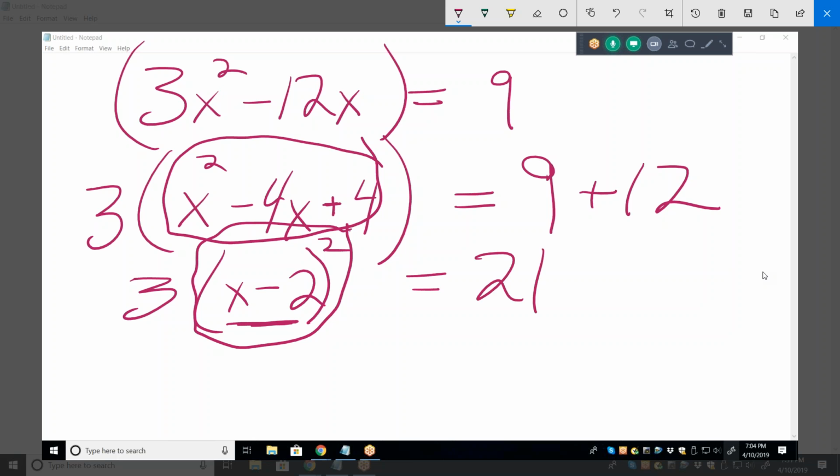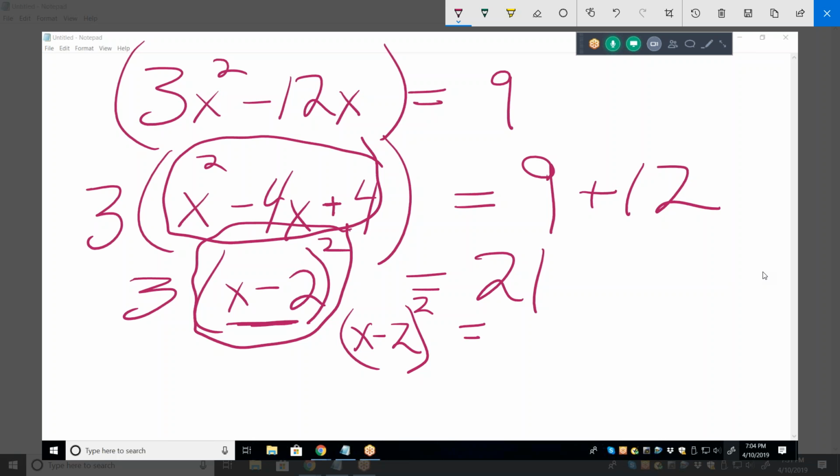Okay, next line. The next one would be... okay, then it would be x minus 2 equals... Hold on, hold on, hold on. We're not ready to take the square root of both sides yet. You gotta square the parentheses. Got to get rid of that 3. That 3 is not being squared.